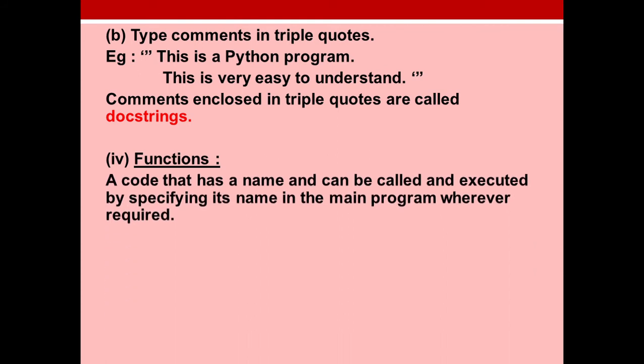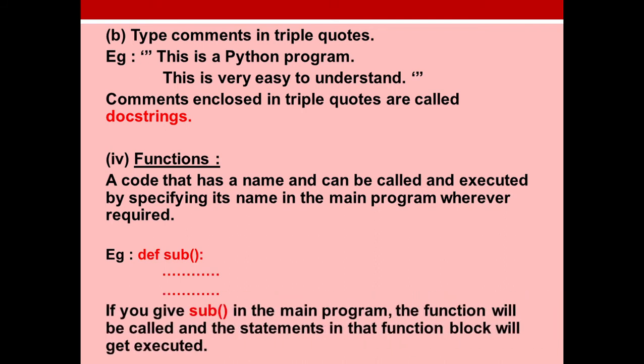What are functions? A function is nothing but a set of statements which has a name of its own and it can be called and executed by specifying its name in the main program. And one function can be called as many times as needed. See this example, def sub(): So this is called the function header. The def keyword will define the function. Sub is the name of the function followed by a pair of parentheses.